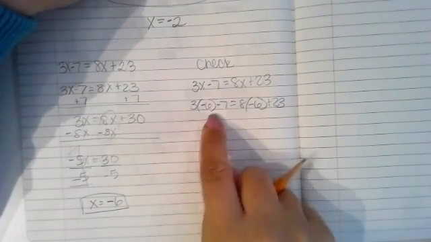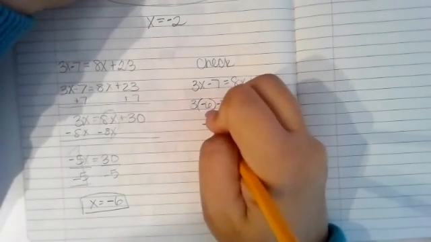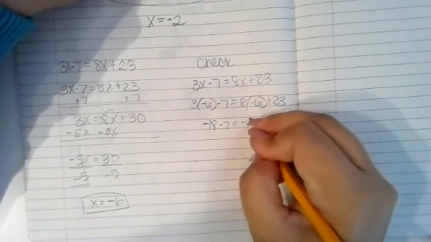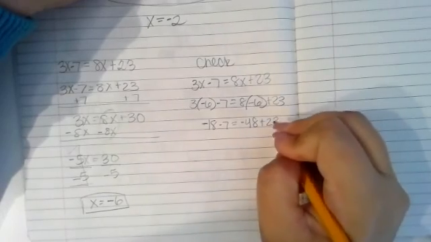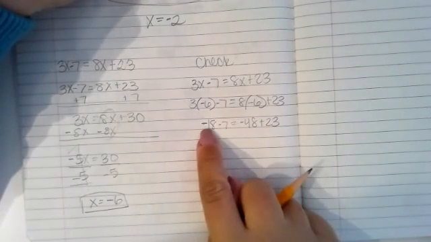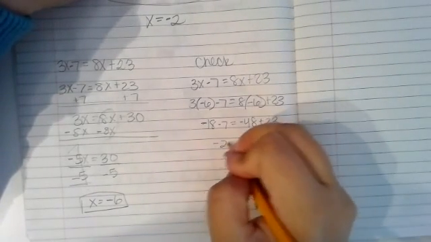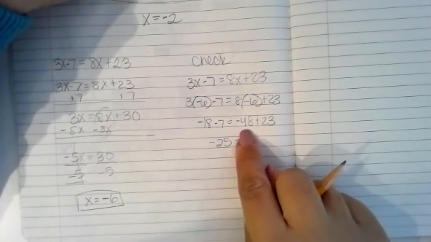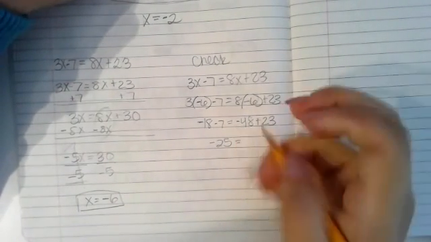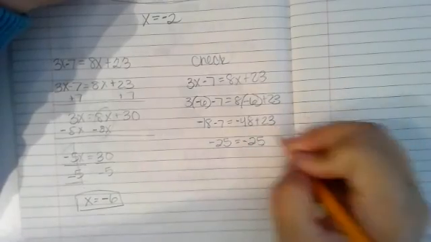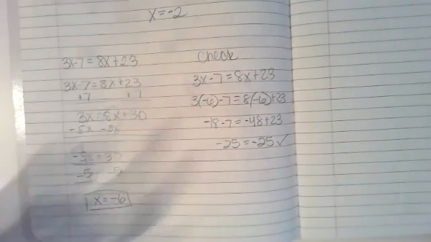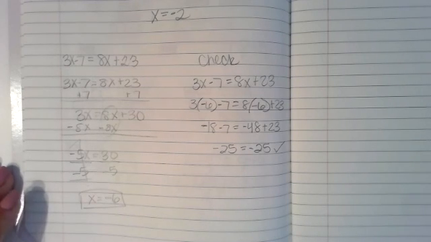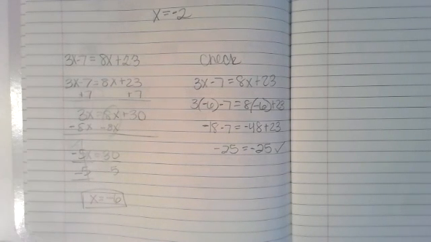First thing would be 3 times -6. -18 minus 7 equals 8 times -6, -48 plus 23. Over here, -18 minus 7 makes -25. And over here, I end up with -25. So yes, my math works. There you have it. That is solving an equation with variables on both sides.